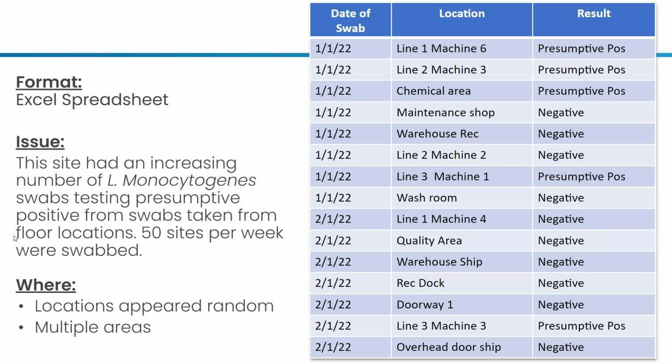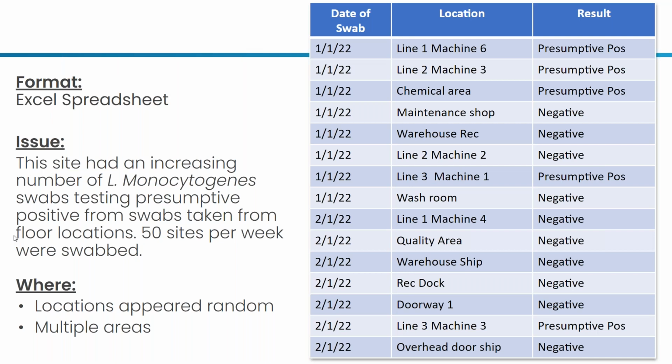I tell our auditors, if you are reviewing environmental monitoring and they never, ever have any presumptive positives, then I'm just going to tell you the site's not looking in the right spot, because Listeria is everywhere. It's naturally occurring in the environment. It's in the soil. It's on the bottom of people's shoes when they come into your site. So it's going to be somewhere. Occasionally, you're going to get a presumptive positive.